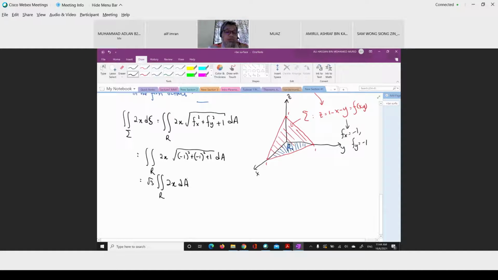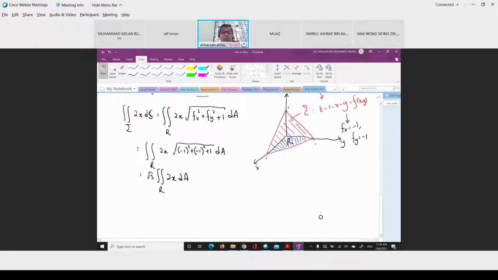So now, how to evaluate this double integral? What are the bounds for x and y in this region R? If I draw this region R on the xy plane, then it is this shape here. It's a triangular region.